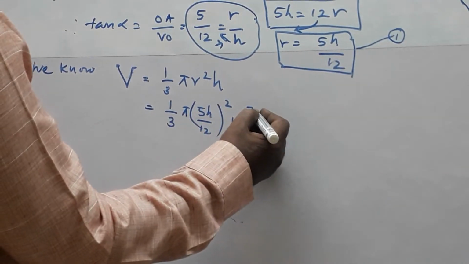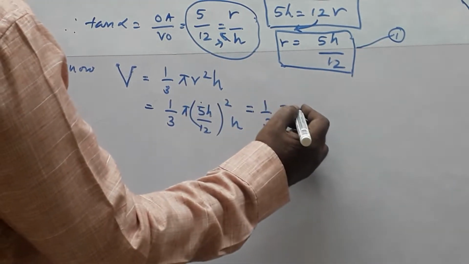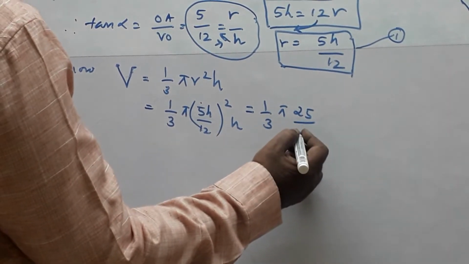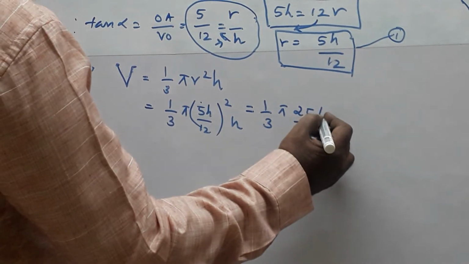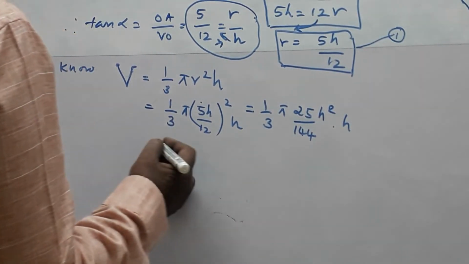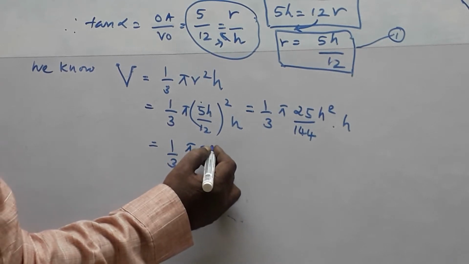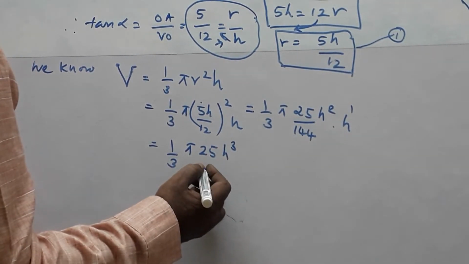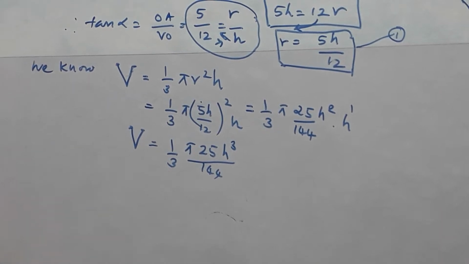Now simplify this. 1 by 3 pi, 5 squared is 25, 12 squared is 144, then h squared into h, that is 1 by 3 pi 25 h cubed by 144. This is the volume. Are you clear?